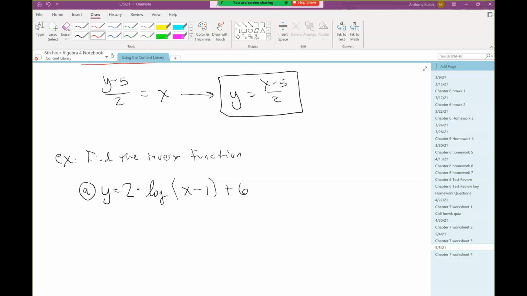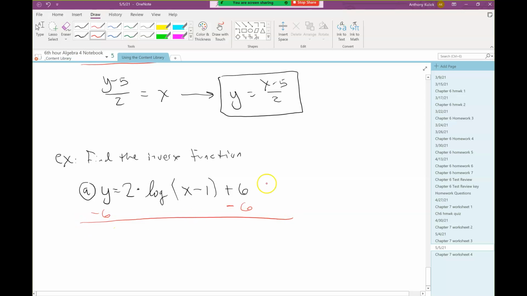Again, we want to start by trying to get the x by itself. So the first thing I would do is, can we add a 6 to the side with the y? I don't know about adding, I mean, subtract, like add a negative 6.